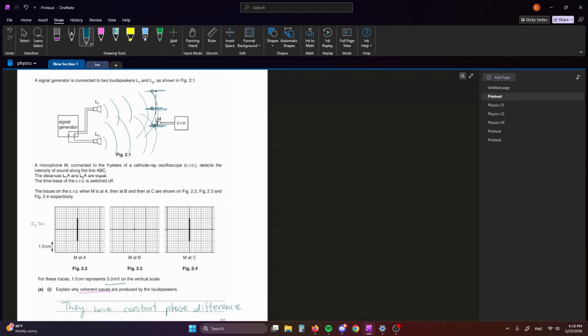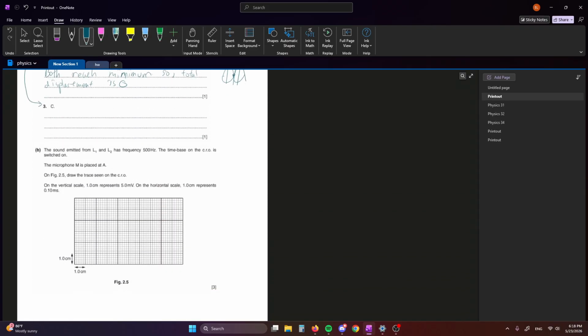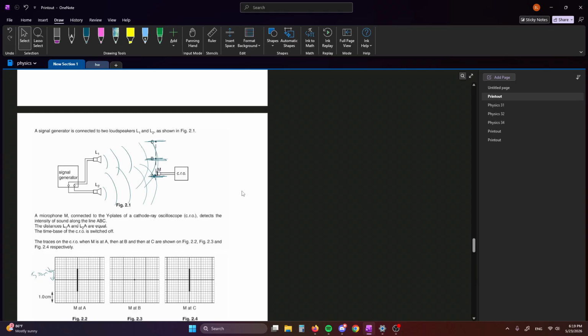So this is 5.0 millivolts here. So then here, if we draw on this line, we do have to do a calculation for the period.